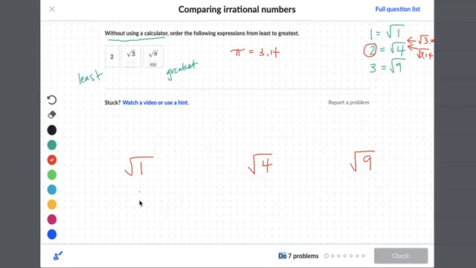So square root of 1 is equal to 1, square root of 4 is equal to 2, square root of 9 is equal to 3. So it looks like square root of 3 was right here, and then square root of 3.14 was next, then followed by 2. So we have square root of 3 first, then square root of pi, then we have 2.